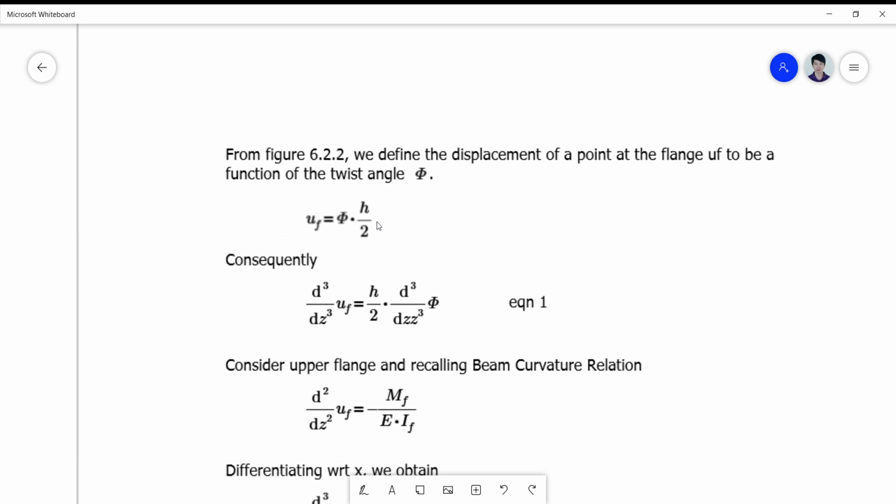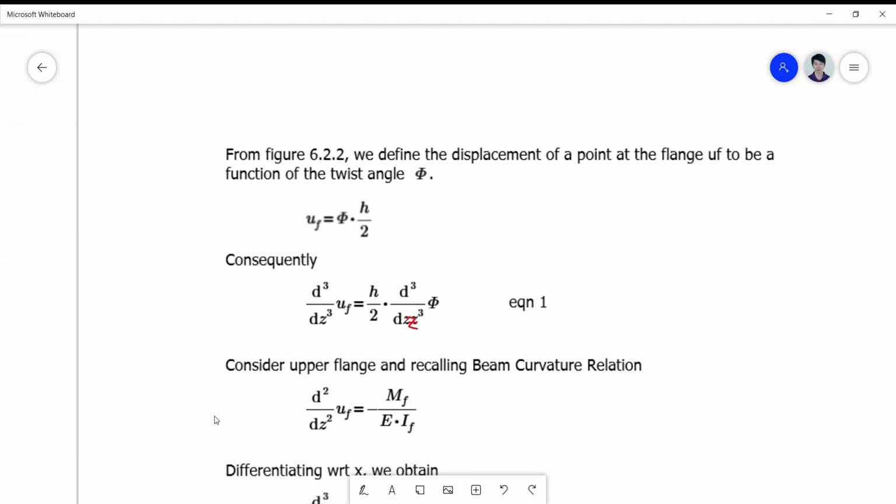Consequently, if I differentiate this flange displacement 3 times, I will obtain a third derivative of uf equivalent to the third derivative of phi with respect to z multiplied by a constant h over 2, and we consider this as your equation 1.